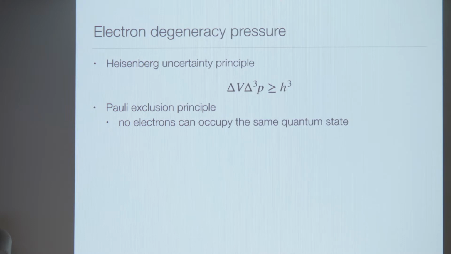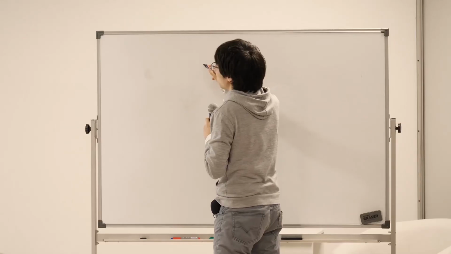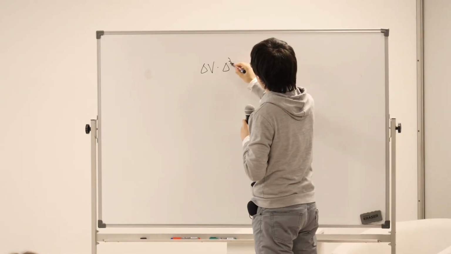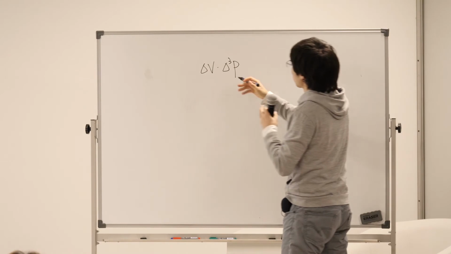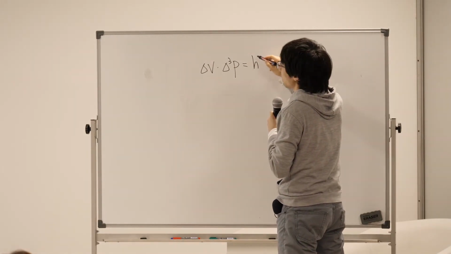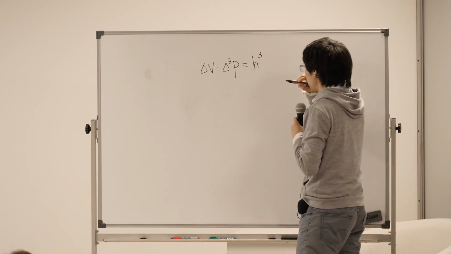At some moment we get this regime: delta V times delta p cubed, the most extreme case, will be this.